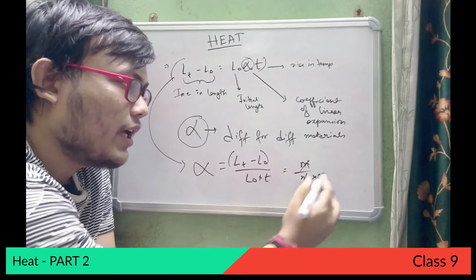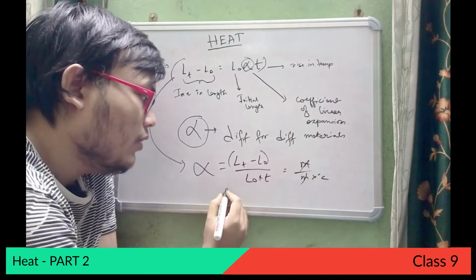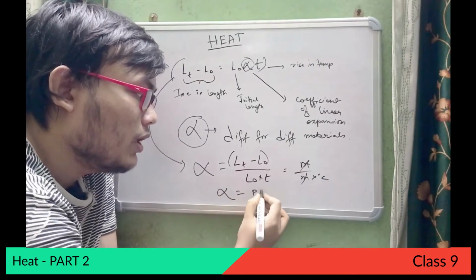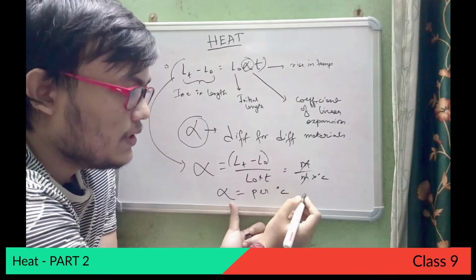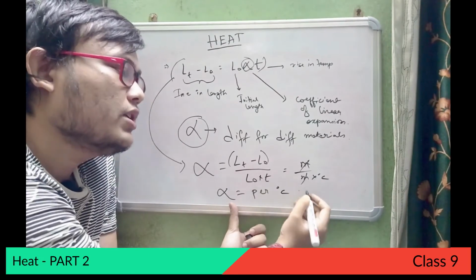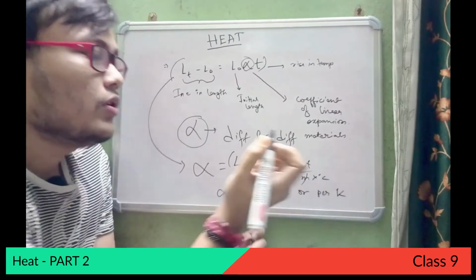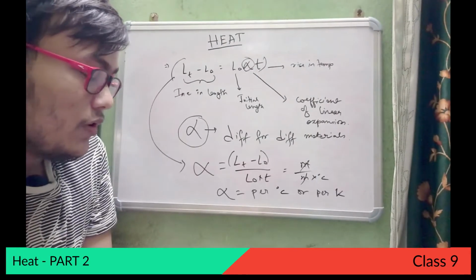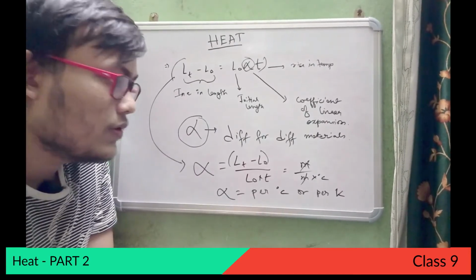So meter cancels, and the unit of alpha is per degree Celsius, or if the temperature is expressed in Kelvin, per Kelvin. So the units of alpha will be Kelvin inverse or centigrade inverse.